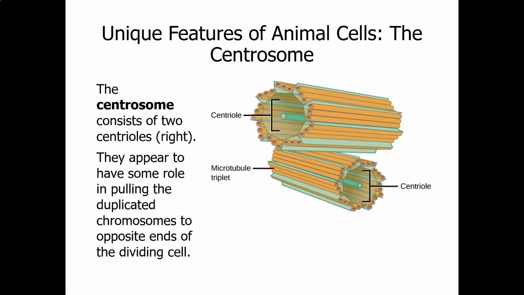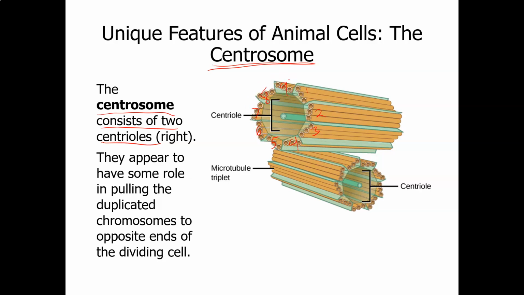Animal cells have a centrosome, which plant cells do not have, and the centrosome consists of 2 centrioles. And centrioles have 9 groups of 3 microtubules each. So 1, 2, 3, 4, 5, 6, 7, 8, 9.